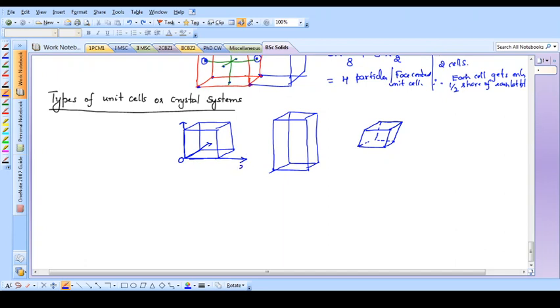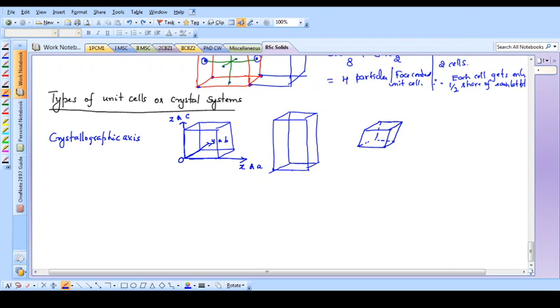Conventionally, we take one of the axes as x-axis or a-axis, other as y-axis or b-axis, the third one as z-axis or c-axis. Okay, so we can imagine 3 axes passing through the origin, and these axes are called crystallographic axes, passing through one of the edges of the unit cell.